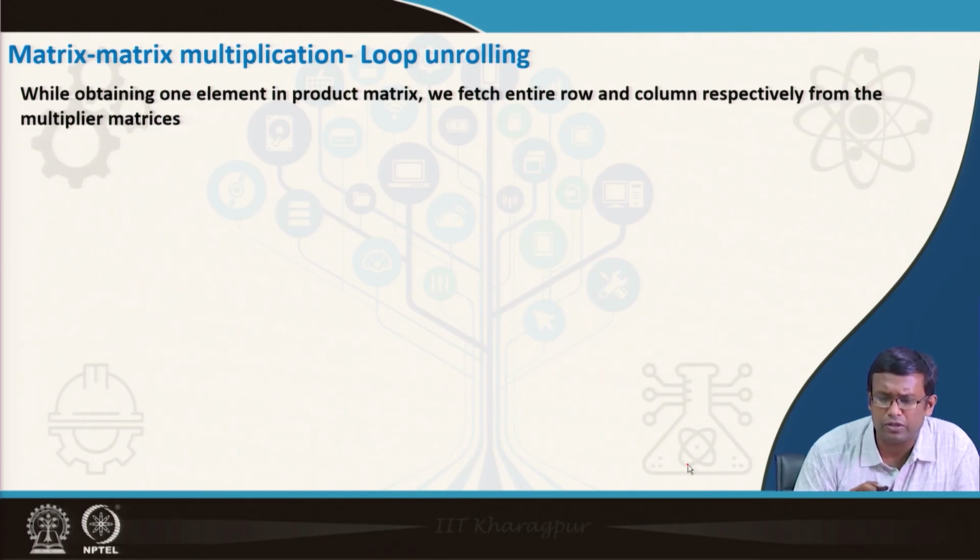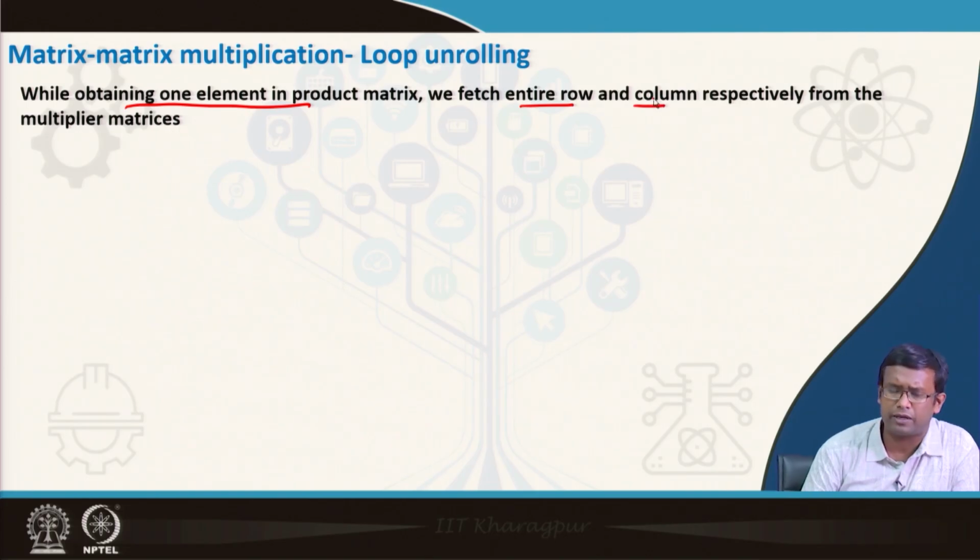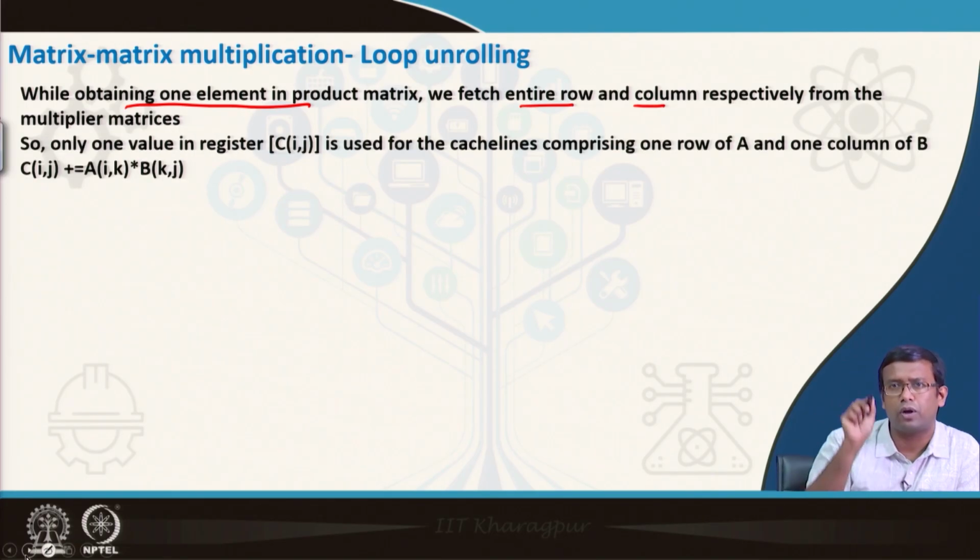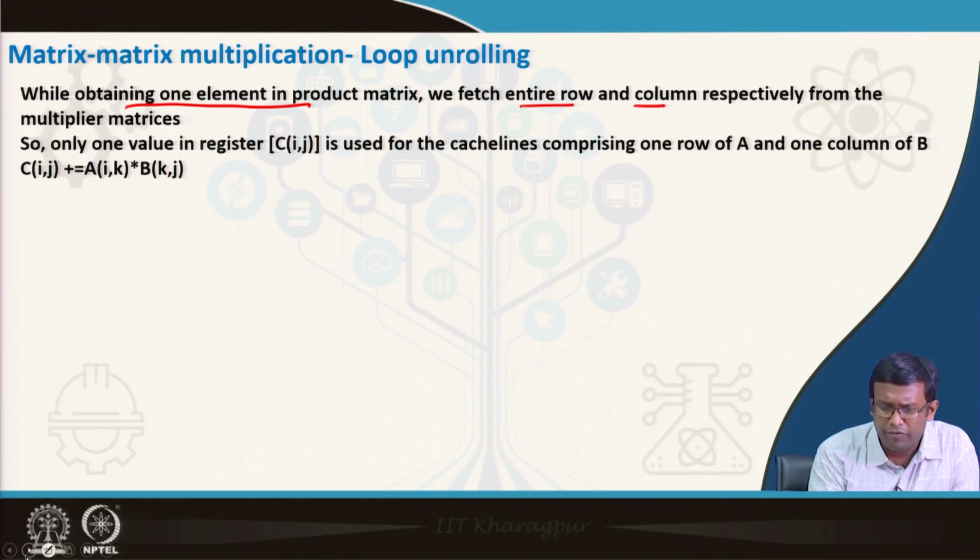The other part I was telling is that for obtaining one element in the product matrix, we fetch an entire row and column respectively from the multiplier matrices. So each element requires one row reading and one column reading. One value in the register is used for the cache lines comprising one row of A and one column of B. Let us see that we are calling it in a cache friendly manner: instead of B we are calling B transpose.